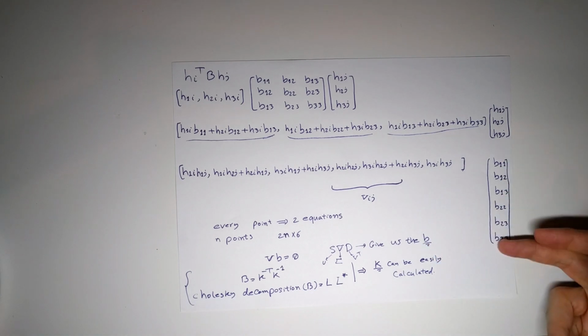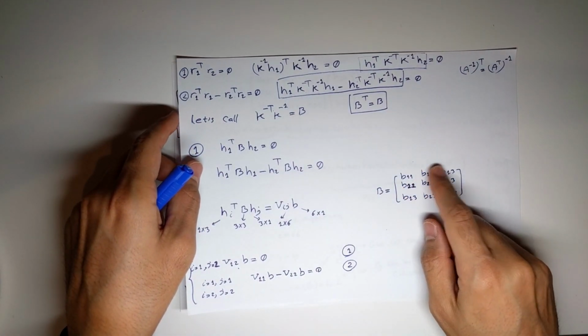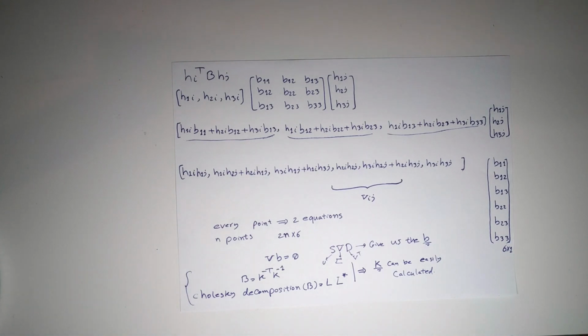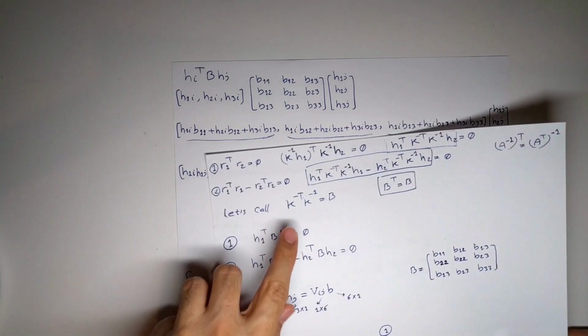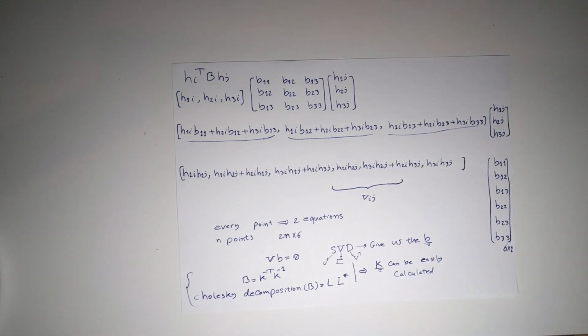If we have this B, we can easily get this B here because these values are the same as these values. So I have B equal to this value from here. And if I do the Cholesky decomposition, which decomposes our matrix into L star, which is the conjugate transpose of L, which in the case of only real values is just the transpose, so it's going to be L L transpose.